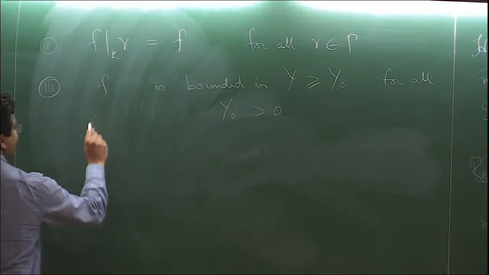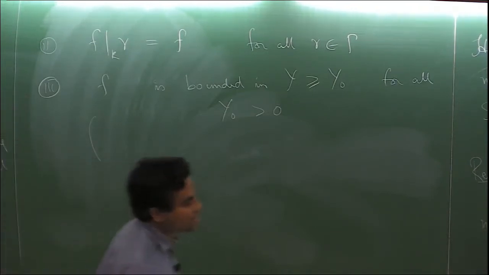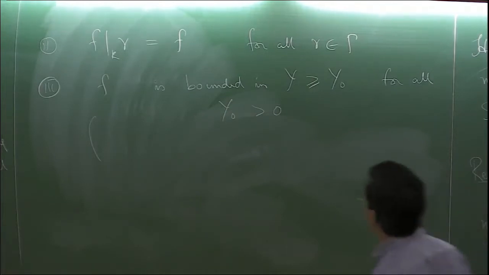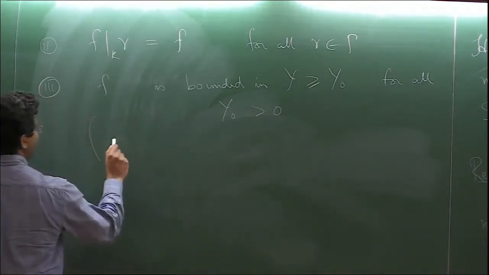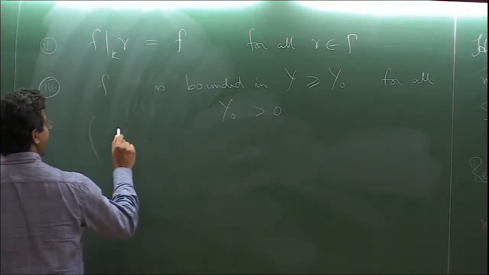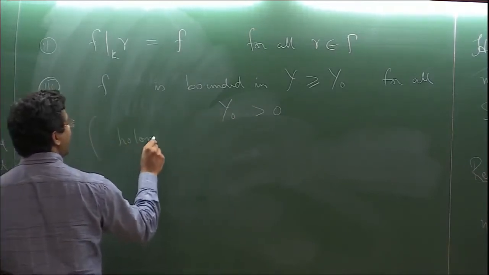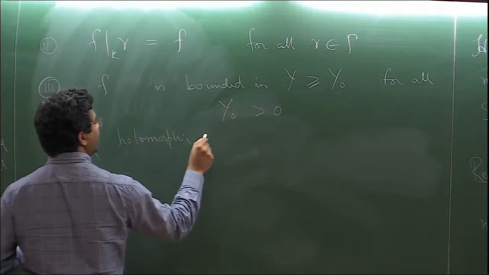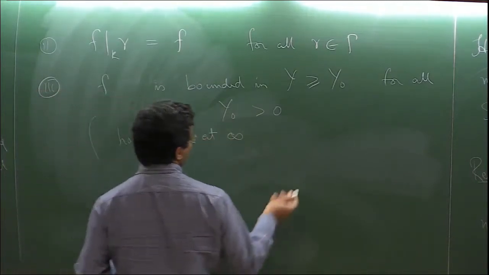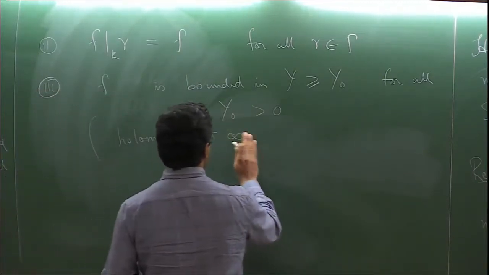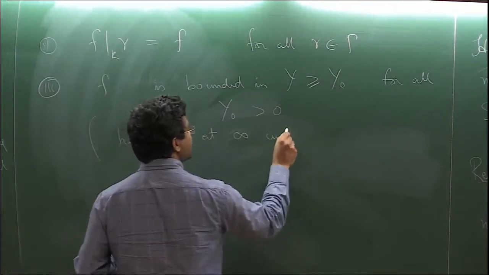Yeah, so maybe I should, because I wrote down the definition only for SL2Z and I'm improvising. So this is holomorphic at infinity, and then I want other cusps as well, not just the infinity cusp.